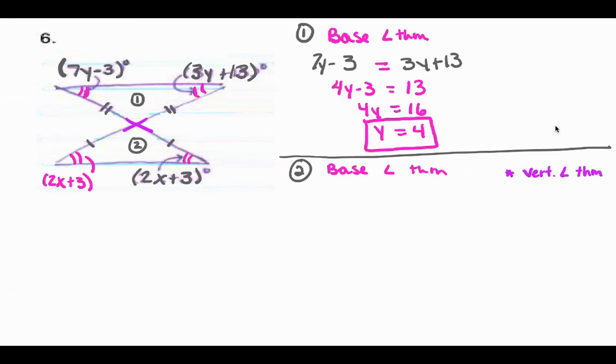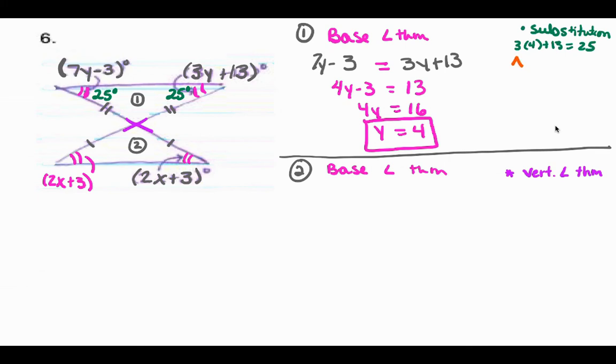So when we go back to the first triangle, we're going to go back and do the substitution. So 3 times 4 plus 13 is 25. So we get a 25-degree angle. And if you do 7 times 4 minus 3, you also get 25.